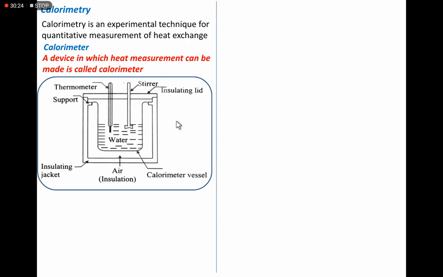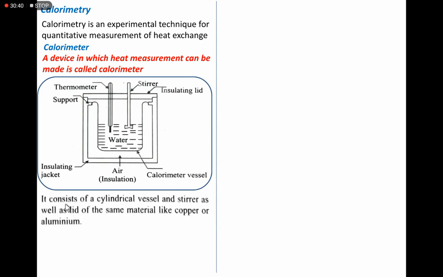There may be the question: draw a neat labeled diagram of a calorimeter for 2 marks. So we have to draw the diagram and give names to the parts of the calorimeter. Now the explanation is very simple. It consists of a cylindrical vessel and stirrer, as well as a lid of some material like copper or aluminum.